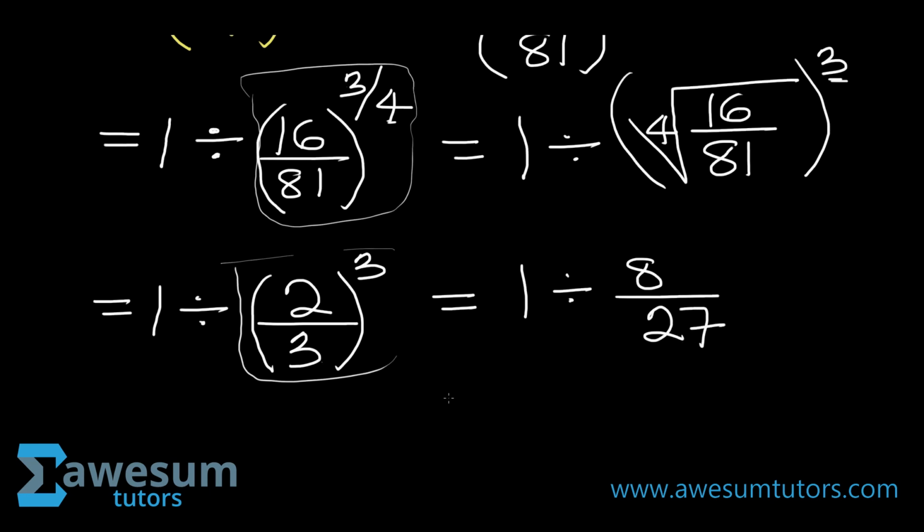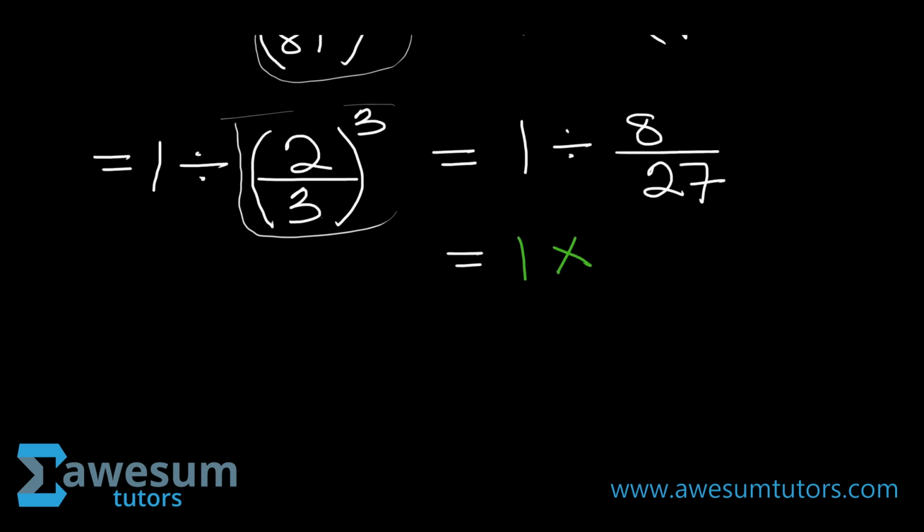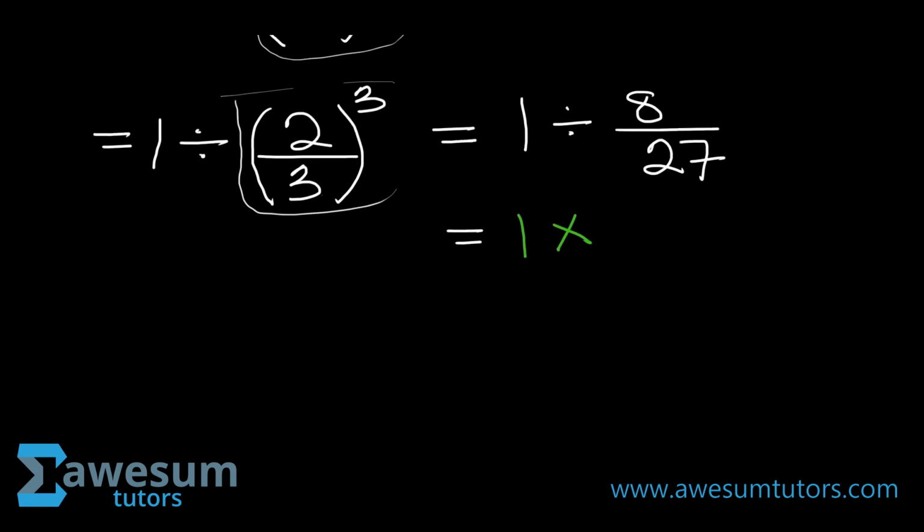Interesting. Now the next thing I'm going to do is change this division to multiplication. We have treated that in one of our videos. So this will become 1 times, and the second fraction, you have to flip it.